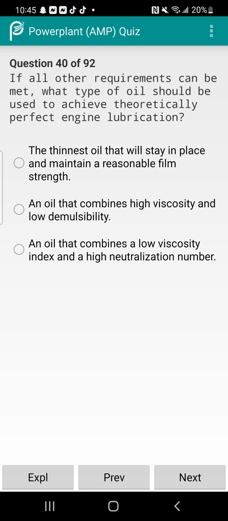If all other requirements can be met, what type of oil should be used to achieve theoretically perfect engine lubrication?